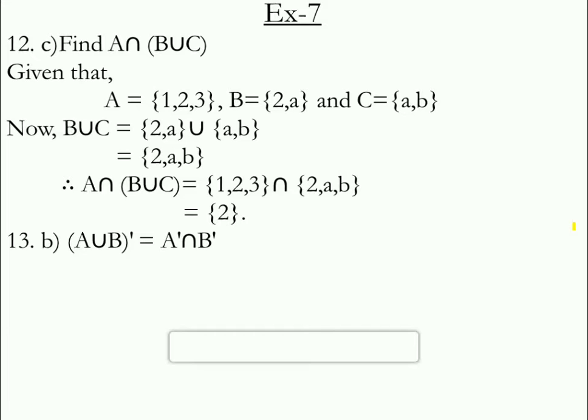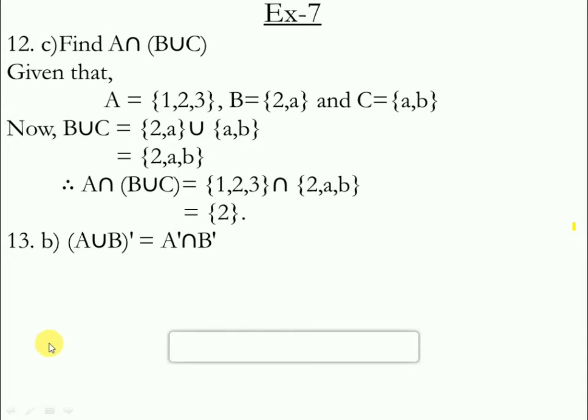Like if A is a set and U is a universal set, then from U, if we exclude the members or elements of A and make a set, that set is known as the complementary set of A, which is written as A to the power C or A prime. So that knowledge we have already got.